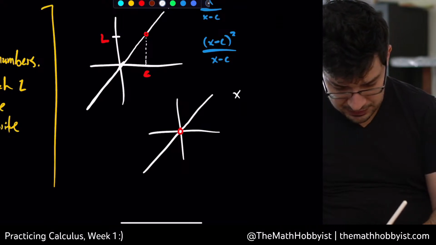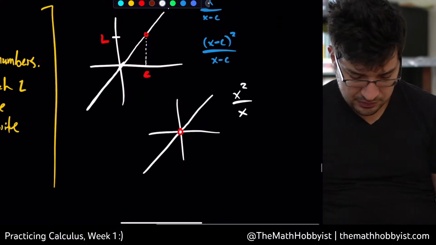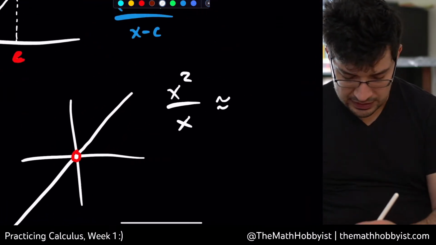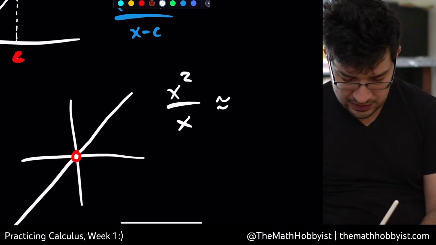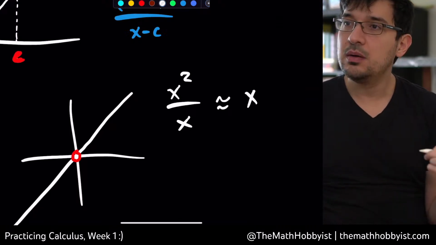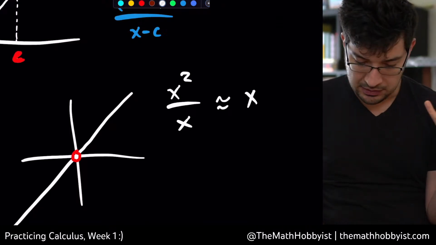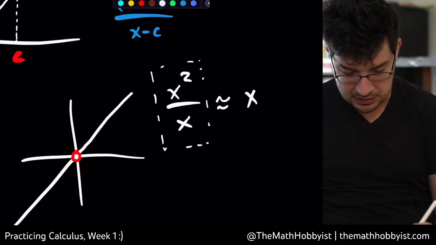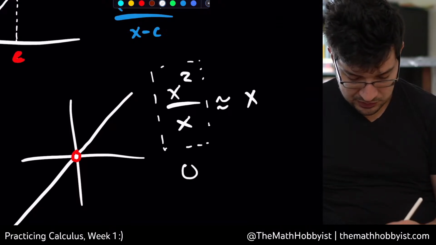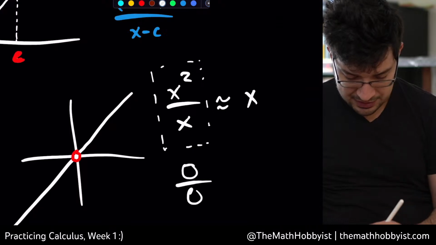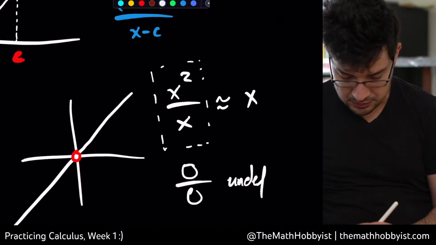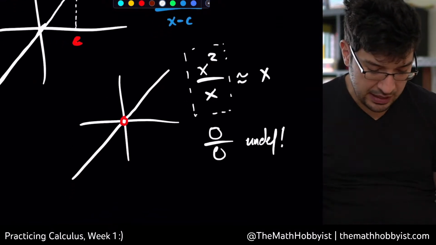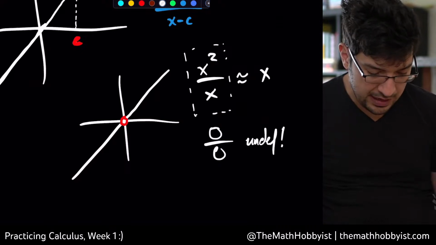I'm pretty confident that x squared divided by x, which, yes, you can rewrite and say that that's equal to x, but it's not, because the original function, if you plug in x equals 0, you would have 0 divided by 0, and this is undefined, right? So it is the same as the line everywhere except for the point x equals 0.